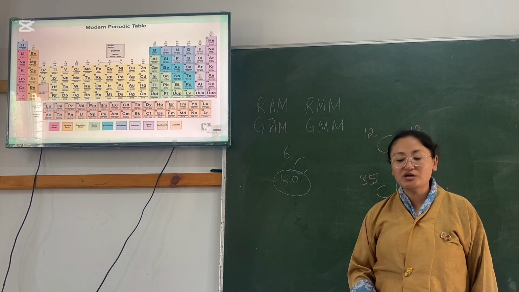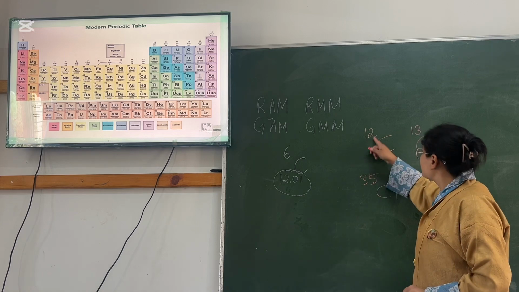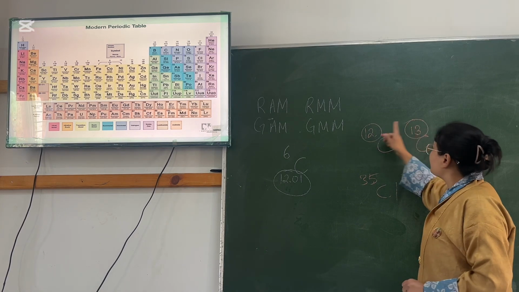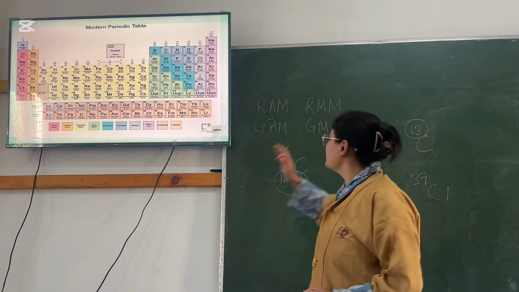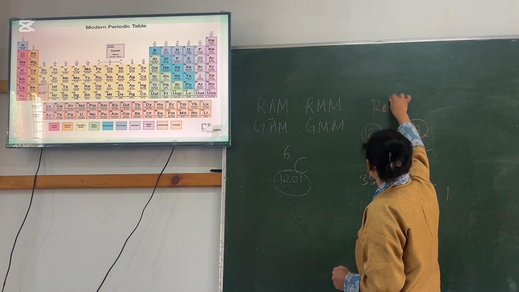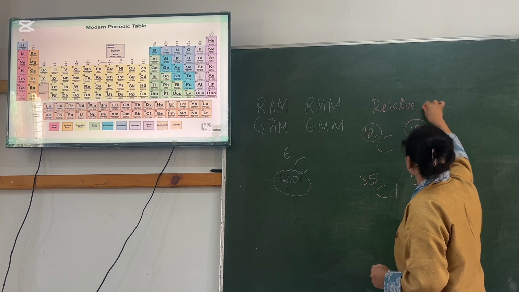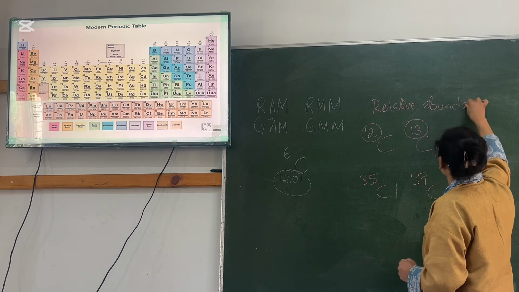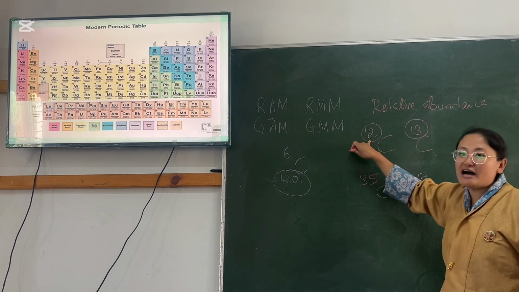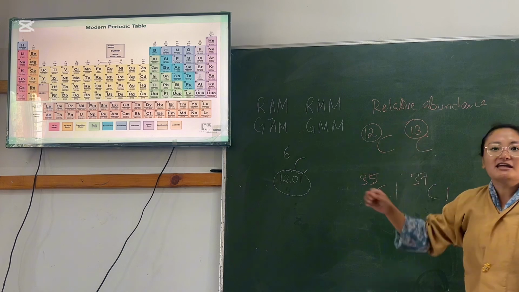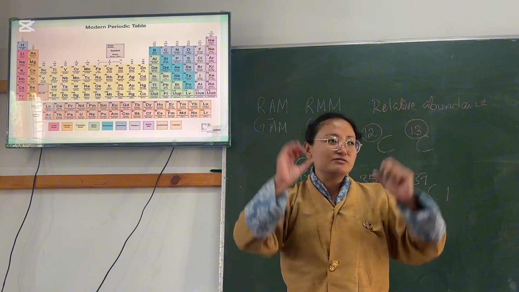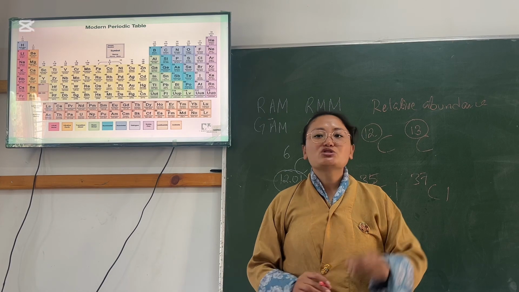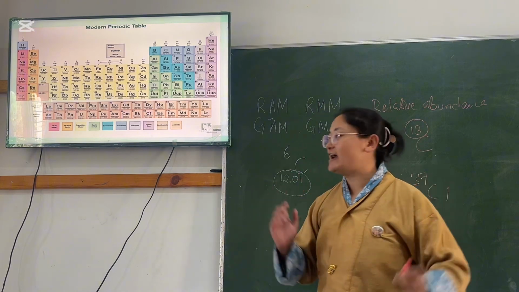Remember, they have averaged the isotopes' masses and also considered their relative abundance. For example, carbon with mass 12 and carbon with 13 exist in different proportions in nature. So the relative abundance is given to you.